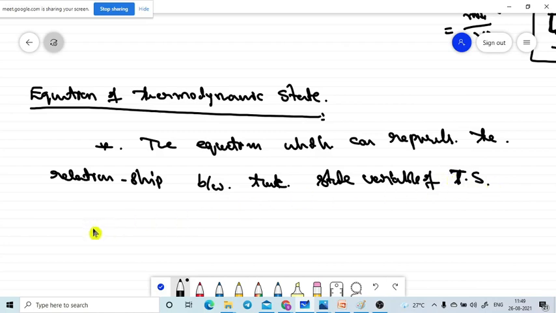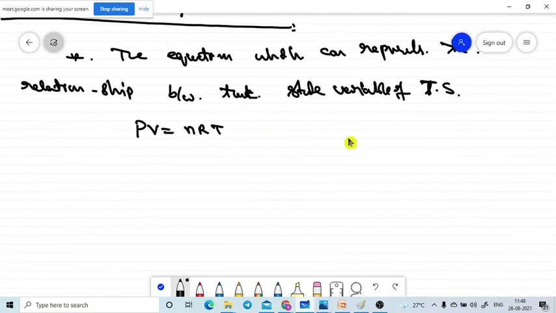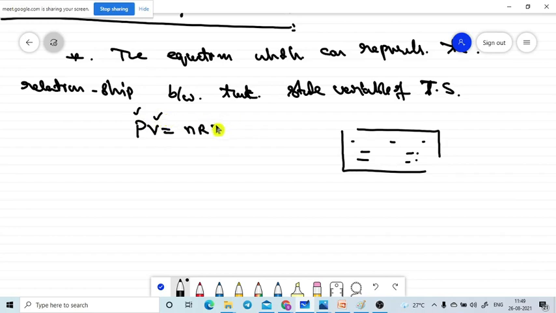So you already know one such equation. Let me write it: PV equals nRT. This is one of the equations we are already well familiar with. It is the ideal gas equation. If we take a system like an ideal gas, how are pressure, volume and temperature related to each other? Sorry, R is the ideal gas constant.